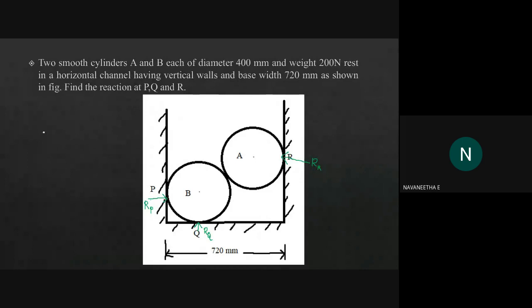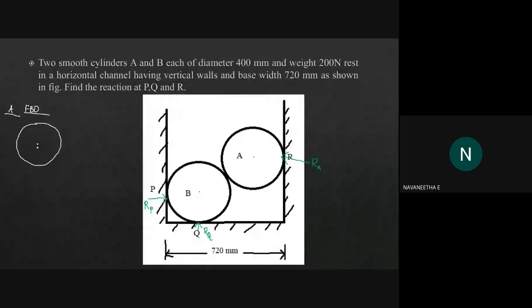Free body diagram of A. So this is the ball A or cylinder A. Okay. So what are the forces and reactions on cylinder A?